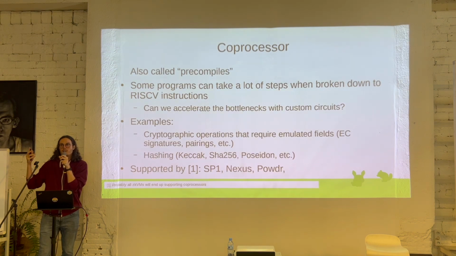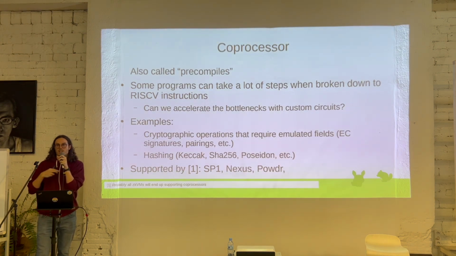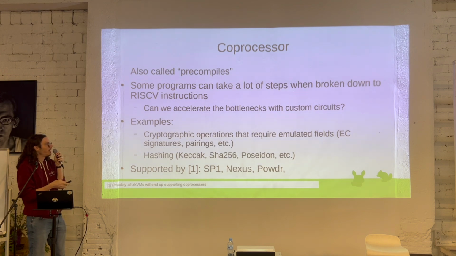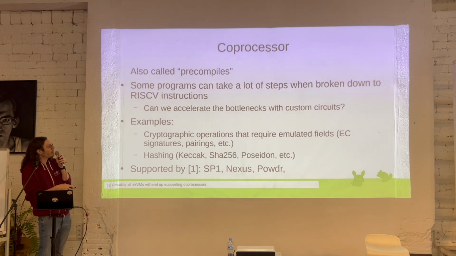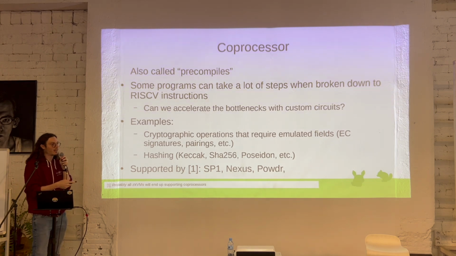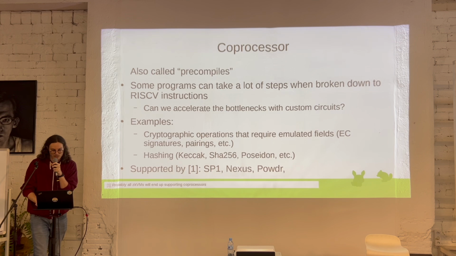And sometimes, if we can identify that these parts are a bottleneck, we may try to write specific circuits for this part to accelerate the proof computation. Some examples would be elliptic curve operations, hashing, and probably there are others. This is supported by fewer projects, but again, probably at some point, all of them will support this because it's a very interesting concept.